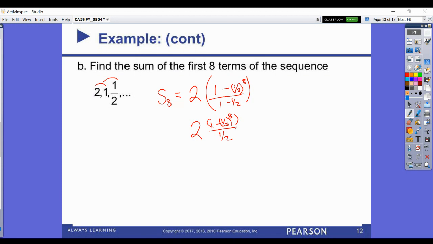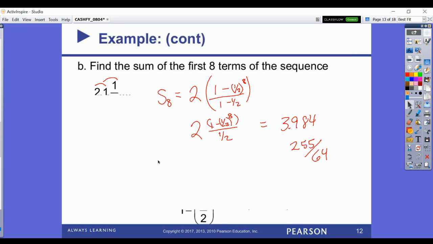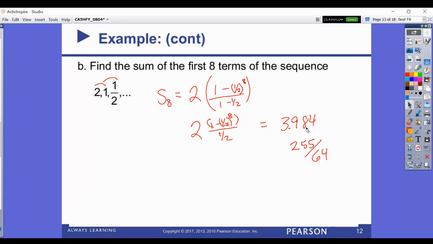I forgot to put that part at the beginning. So I got 3.984375. If I turn that into a fraction, it's 255 over 64, which is more accurate because otherwise I rounded my decimal a lot. And so fractions are better, but whatever. If I say round to the nearest third decimal, then that first answer would be right.